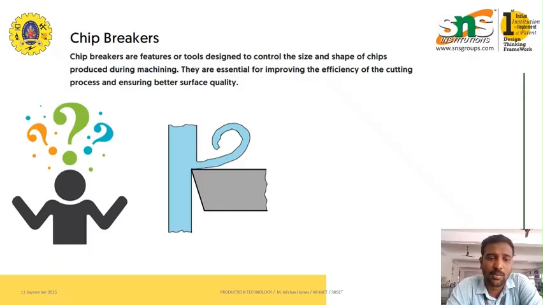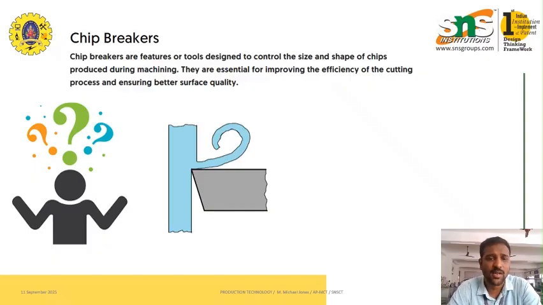That may not be suitable, because when the chips are very large, they will occupy a larger volume of space. When scrap occupies a larger volume of space on the machine shop or shop floor, it is also a disturbance. In other cases, when the chips whirl continuously around the tool, the tool feed may be obstructed by these chips.